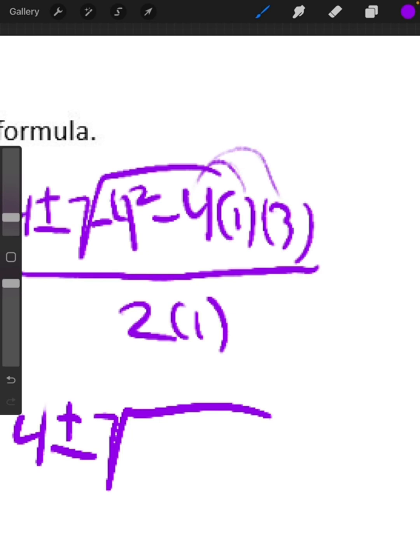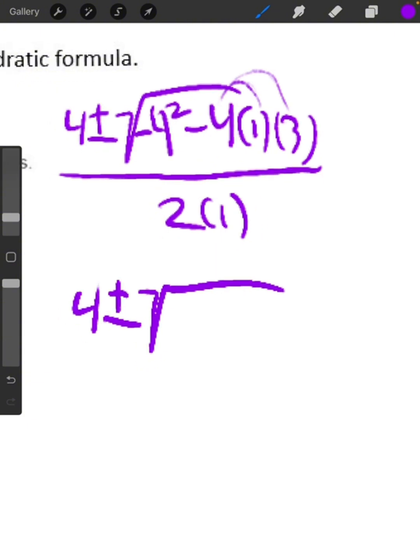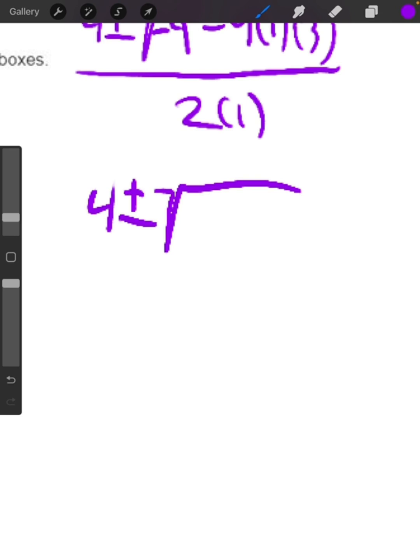And then 4 and 3, that would be 12. So it would be 8 minus 12, which would equal -4. I don't know why I made the square root so big. Okay, and then over 2 times 1, which would just be 2.